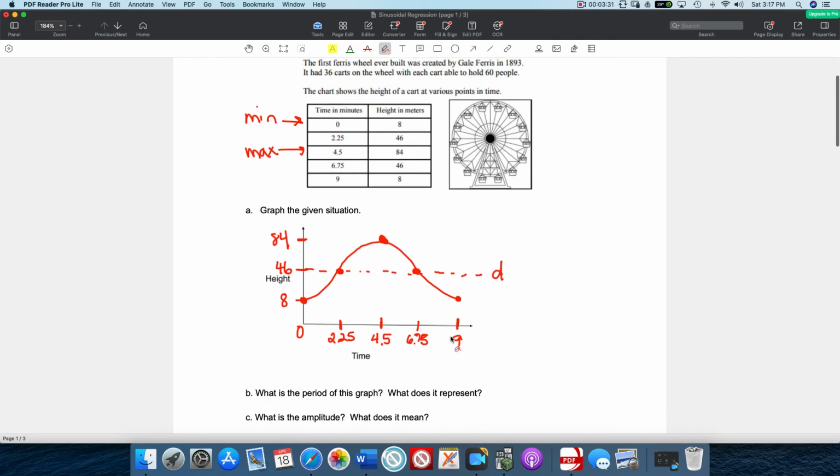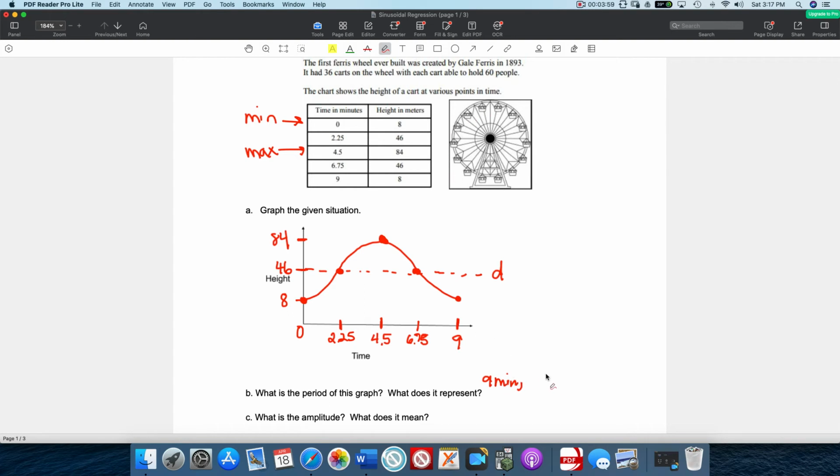All right, now part B, we've already answered. It says, what is the period of this graph? Well, we've graphed one full period from minimum to minimum, and it was 9 minutes. Now make sure you have your units here. 9 minutes. And it says, what does this represent? Well, this is the height changing. Well, why would it change? You get in a cart, that height increases, that height decreases.